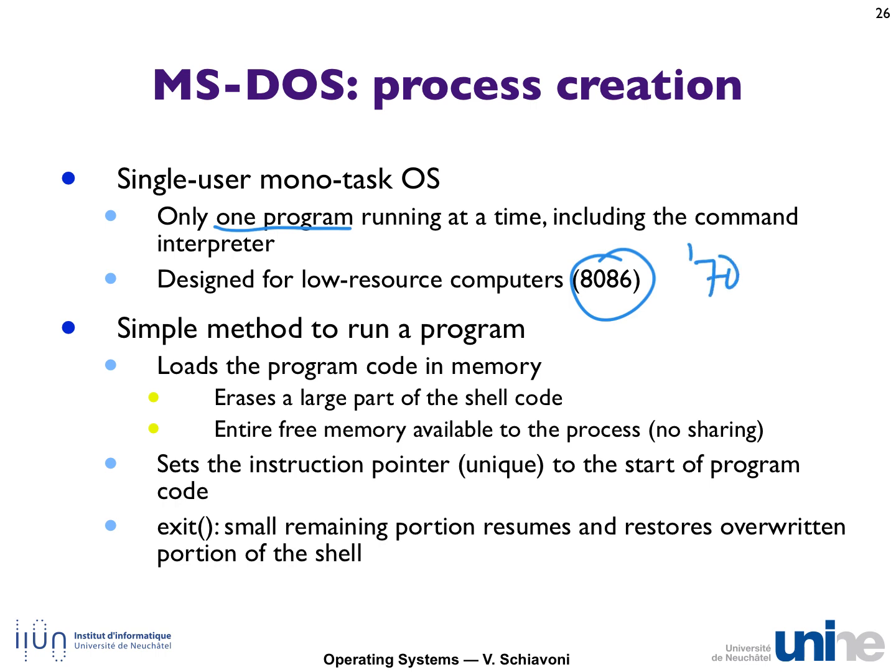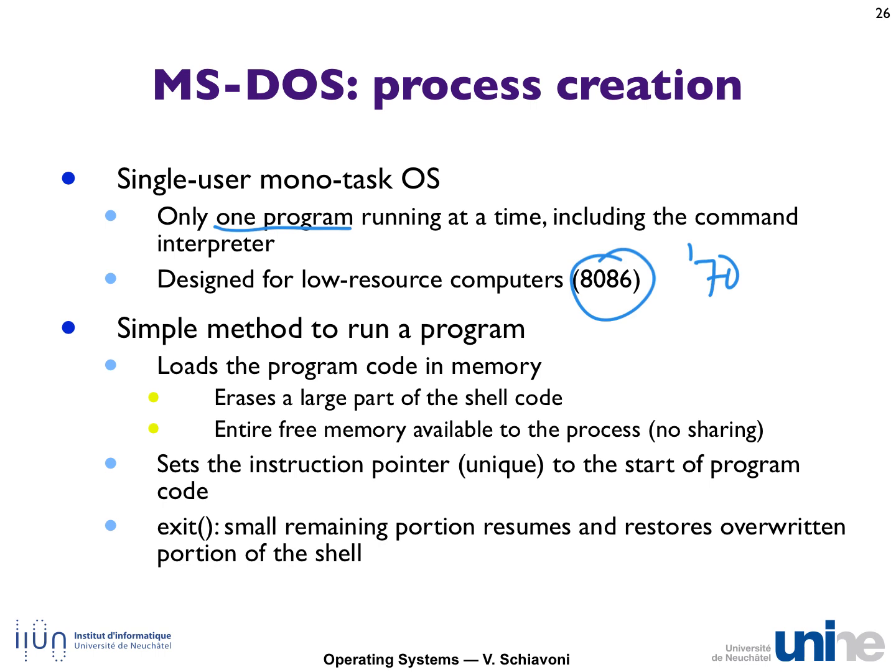There was a very simple method to run a program for MS-DOS. This is the one that was used at those times. Basically, the operating system was loading the program code into memory. Doing so, it was erasing a large part of the shell code. And then the entire free memory was available to the process. So there was basically no sharing among other processes that were using the same machine.